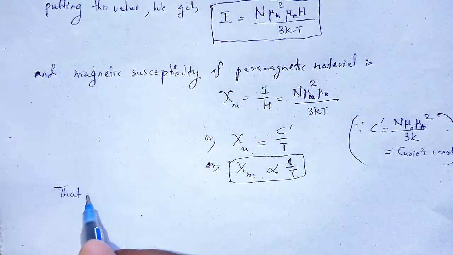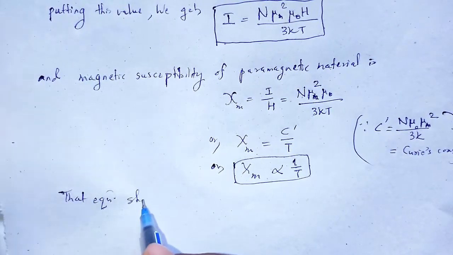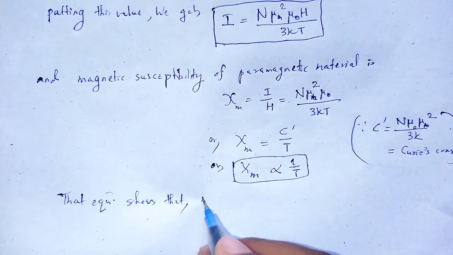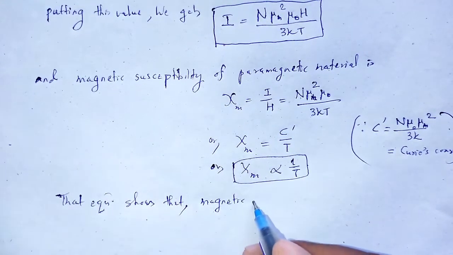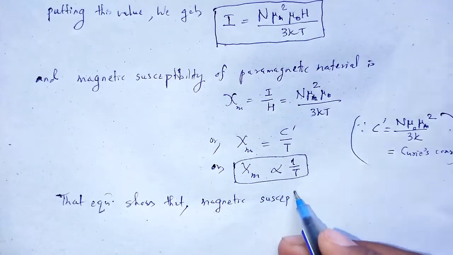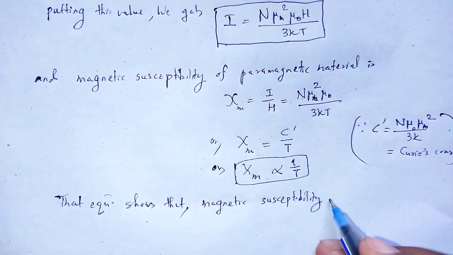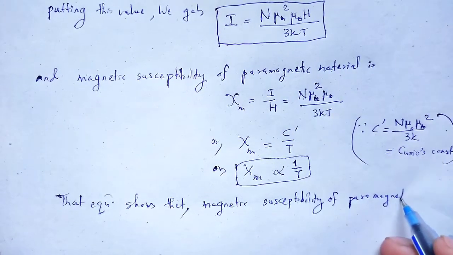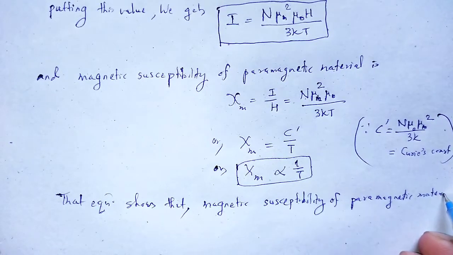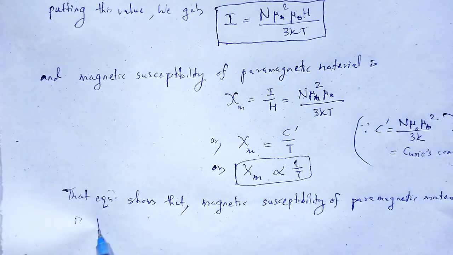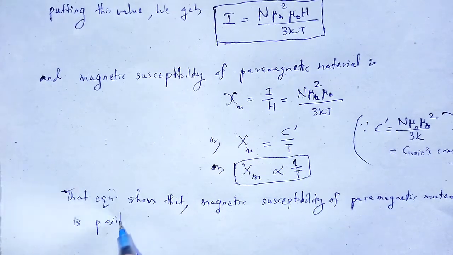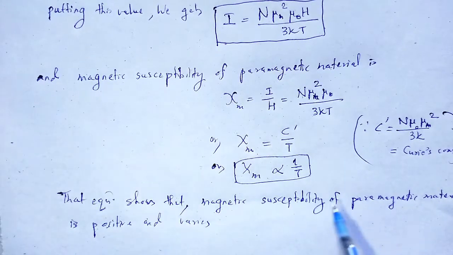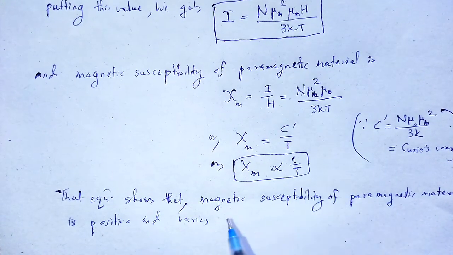That equation shows that the magnetic susceptibility of paramagnetic material is positive and varies inversely as absolute temperature.